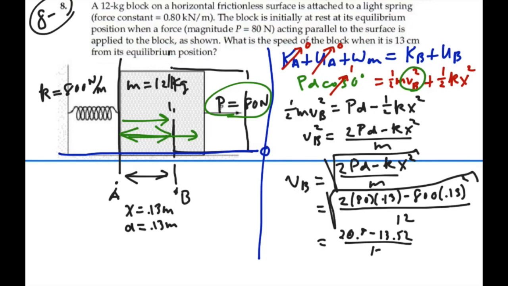All that divided by 12, square root, gives me 0.779 meters per second. So that is our velocity at point B.